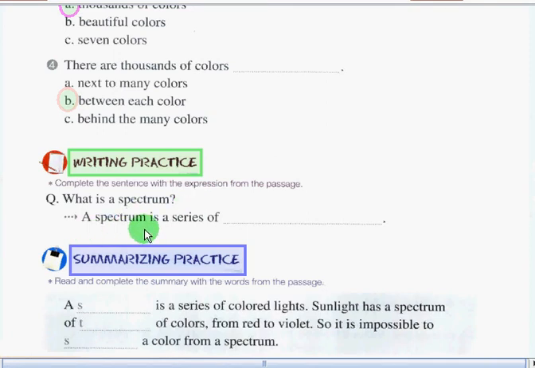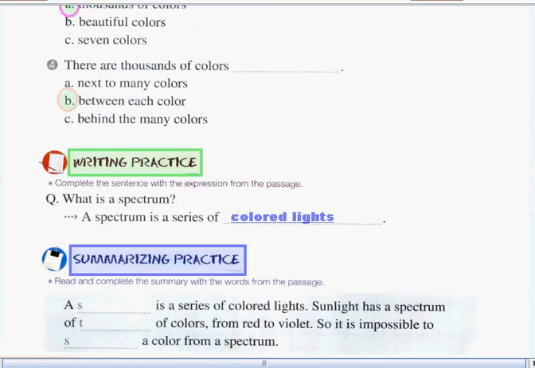A spectrum is a series of blank. So what do you think is the missing words? Okay, so the answer here is colored lights. A spectrum is a set of colored lights.